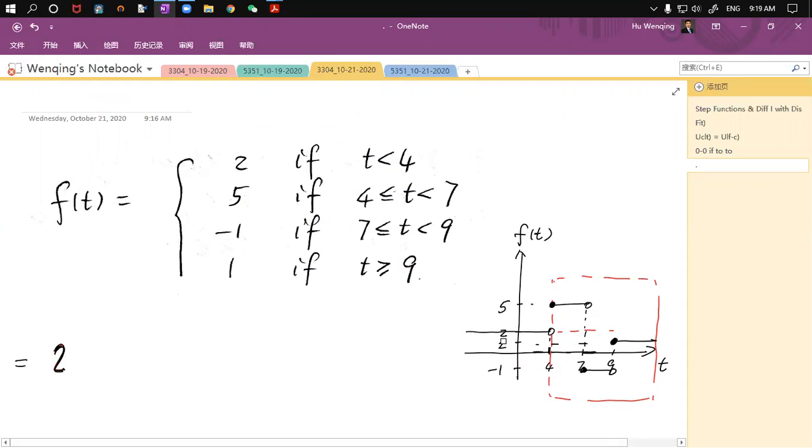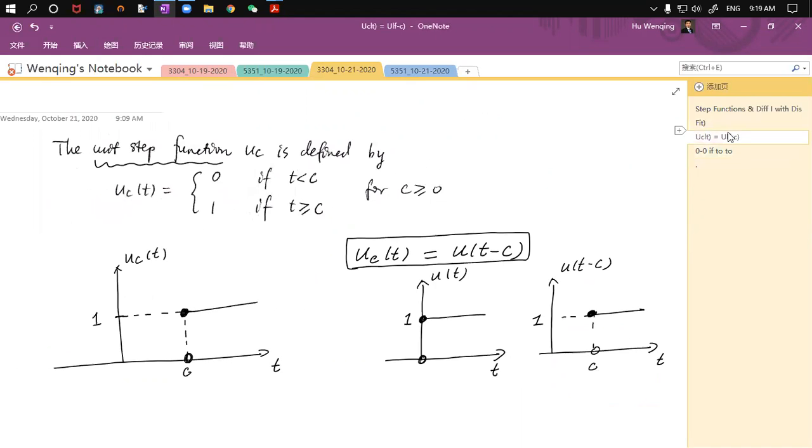If you extend this 2 from 4 on, starting from 4 the function is being corrected. But how much correction do you have? You jump from 2 to 5, so the correction is 3. And how do you do that correction? The unit step function gives you the correction, because it is 0 before time c and 1 after time c.